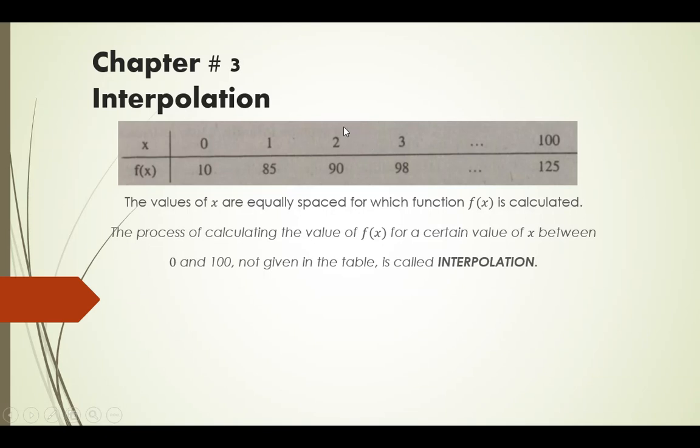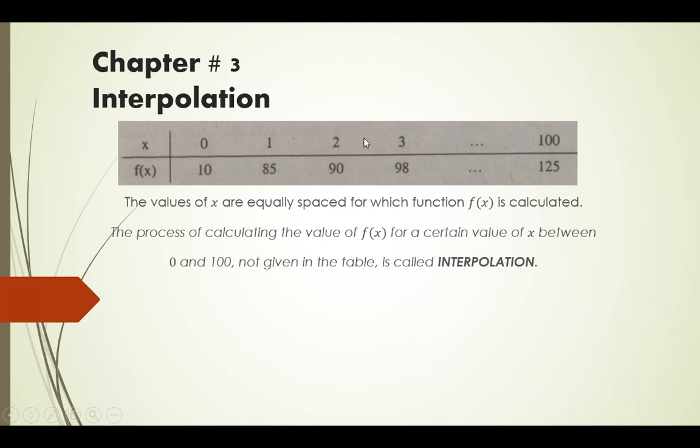So similarly, that may be over here, that may be somewhere here, but not exactly these values. So we see that this value, for example 2.5, is between all these values from 0 to 100.